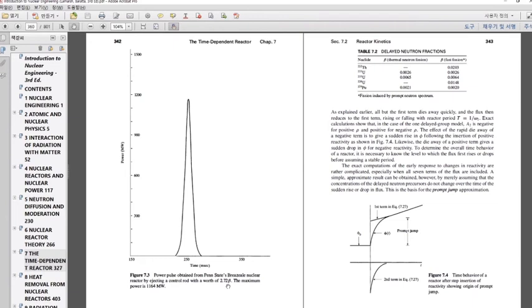It is much bigger than the beta value, more than twice the beta value. What you can see is the reactor power suddenly, rapidly increases, reaches some maximum value, and then decreases. It also gave us the maximum power recorded.